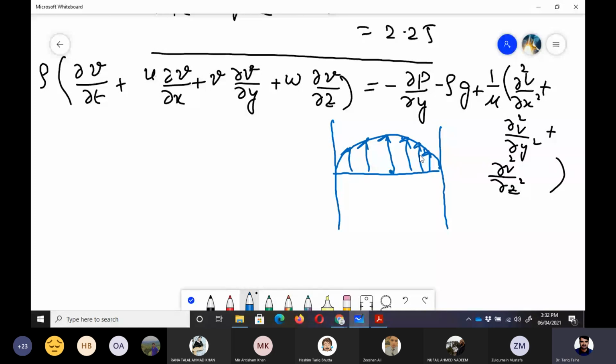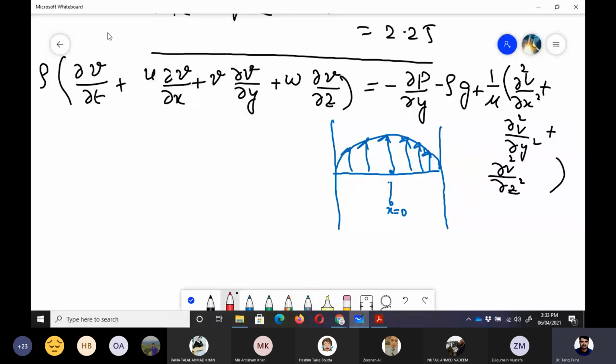It is like the flow of water going vertically from your underground tank to the overhead tank. There would be some pump installed in your homes, and then water goes up from there. So we start the x-axis from here, so x is equal to 0 from here, and partial v by partial x would be equal to 0 because the flow is fully developed.